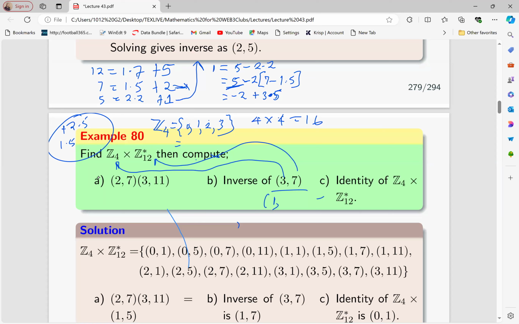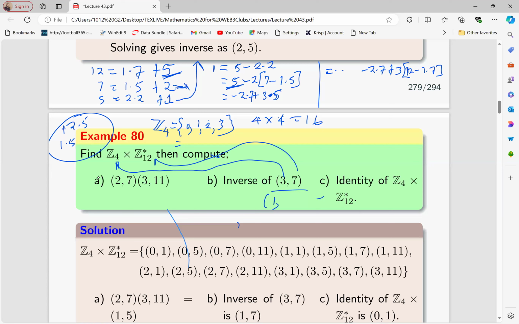Now, it's this 5 that we want to replace. But this was multiplied by 7 here. This was negative 2 multiplied by 7. So what we now have is negative 2 multiplied by 7 plus 3 multiplied by 12 minus 1 multiplied by 7.